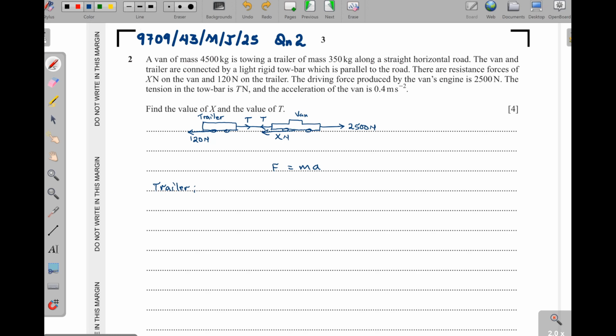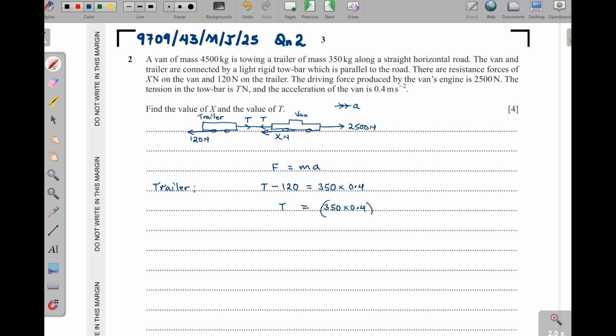So the net force taking the trailer forward will be tension minus 120, which is equal to the mass of the trailer, 350, times the acceleration, which is given as 0.4. So this system is moving forward with an acceleration. That means T is going to be equal to 350 times 0.4.